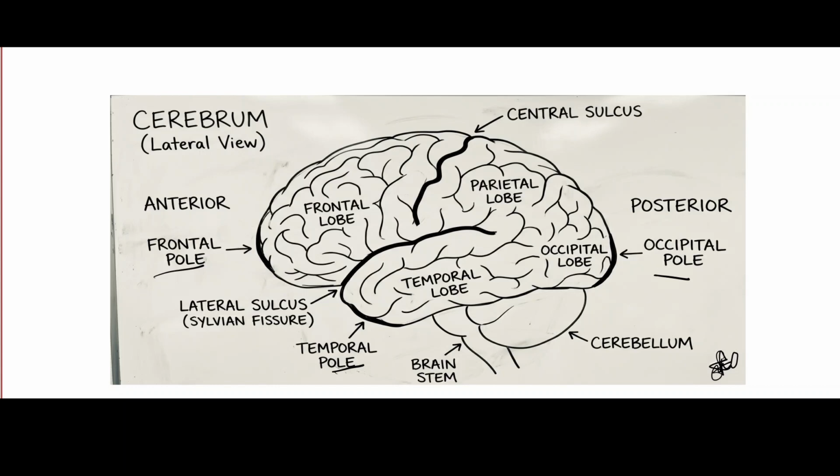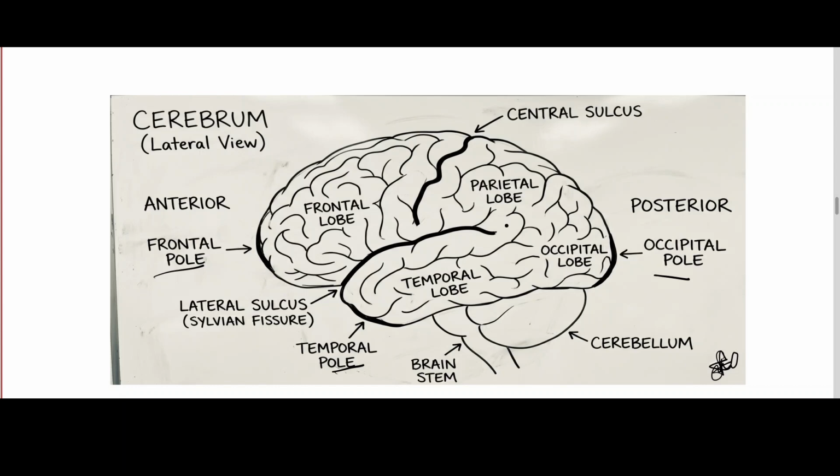Now next, we are going to talk about the surfaces of the cerebral hemisphere. Each cerebral hemisphere has three surfaces. Now we have the superolateral surface. So this that we are seeing here is the superolateral surface. It's a large outer curved surface.